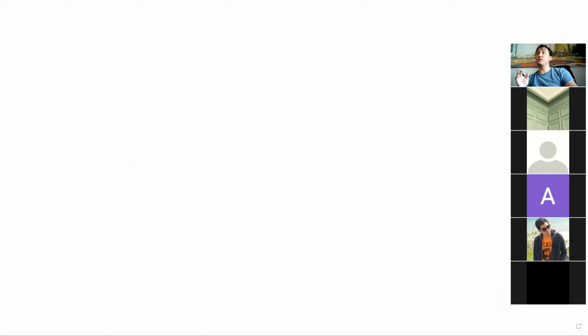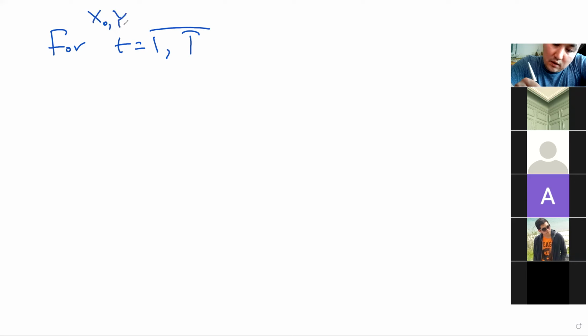This idea brought us to the so-called alternating algorithm. The alternating algorithm is a simple thing. We run for t equals 1 until capital T. First of all, you denote X0, Y0 and somehow initialize them. Then the whole idea of alternating is simple.